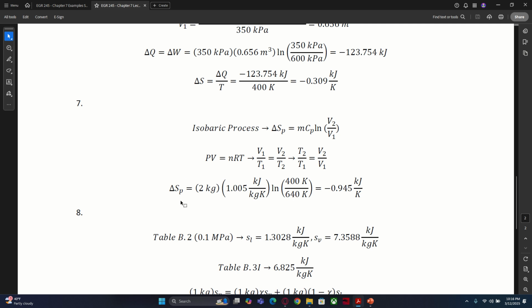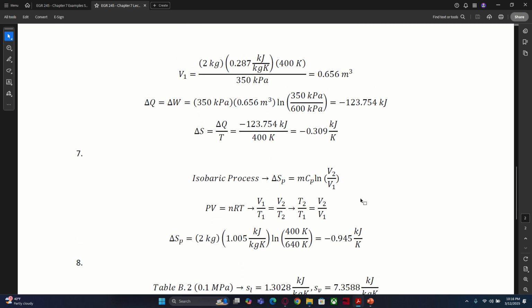So solving for isobaric entropy change, that would be the mass of 2 kilograms times 1.005 kilojoules per kilogram Kelvin times the natural log of T2 over T1, or 400 Kelvin over 640 Kelvin, and that gets us to negative 0.945 kilojoules per Kelvin.